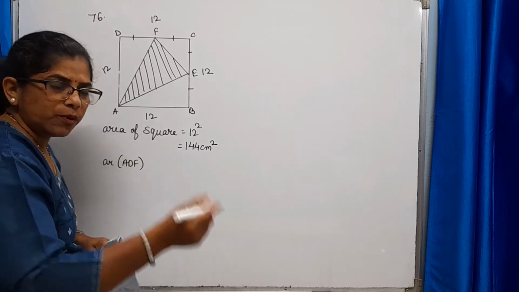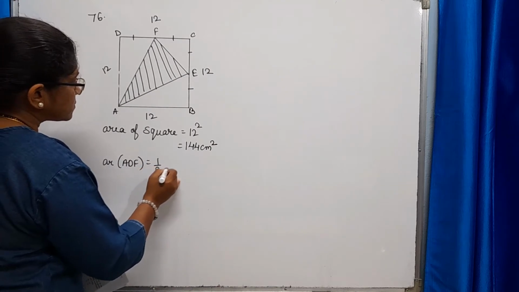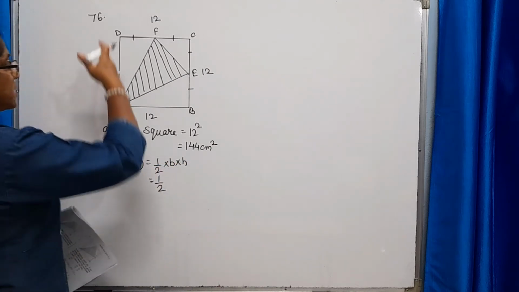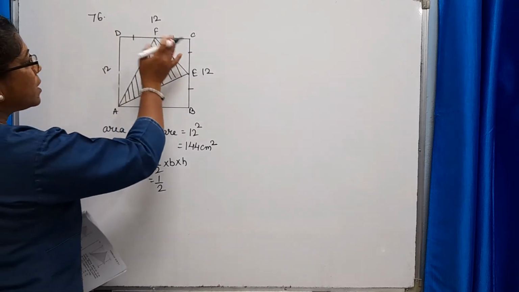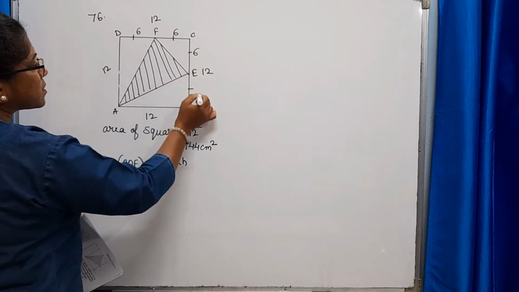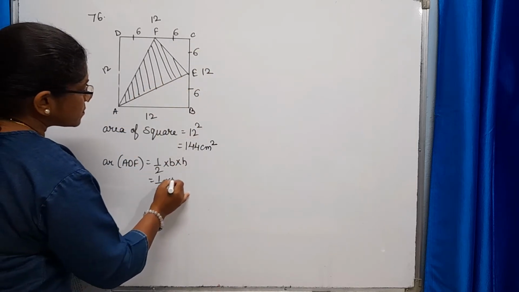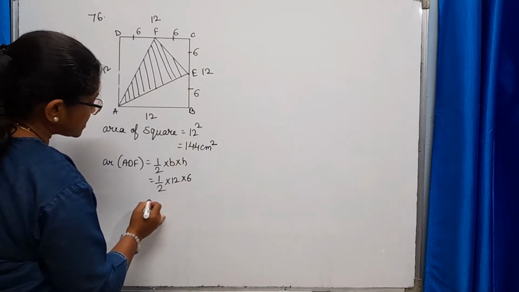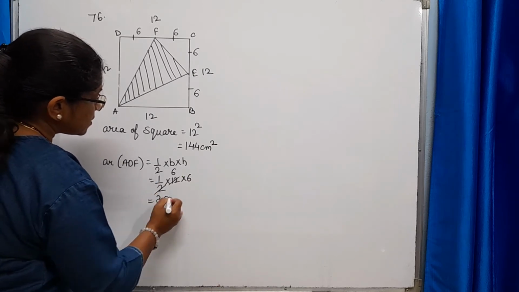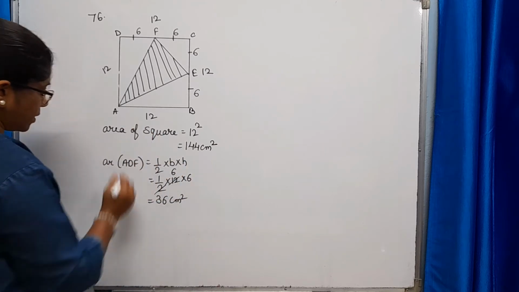What is our formula to find area of a triangle? Half base into height. So let us take 12 as the base, and half of this is going to be 6. 12 into 6, 2 6s are 12, 6 6s are 36 centimeter square. Fine.